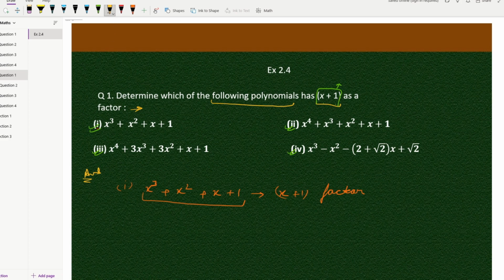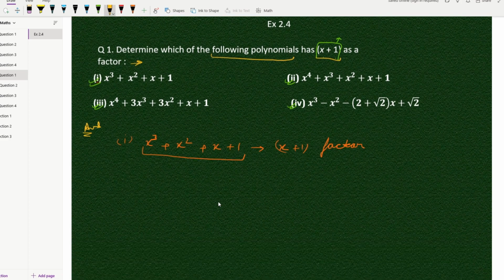If x plus 1 has to be a factor of this polynomial, then when we divide x cube plus x square plus x plus 1 by x plus 1, the remainder should be completely 0. There are 2 methods to find the remainder. Basically we have to find the remainder.